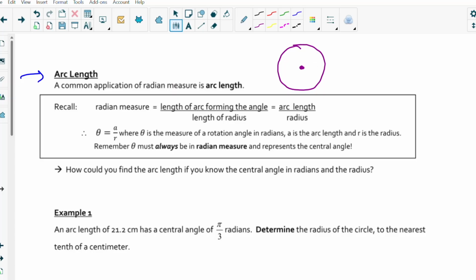I form an angle with 2 rays, and then in red, this is the arc length of the arc forming the angle. So this is my angle theta. That's my angle theta.